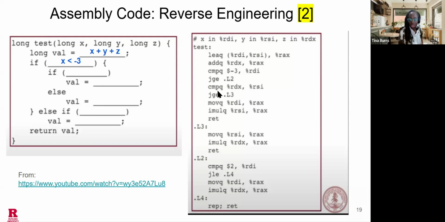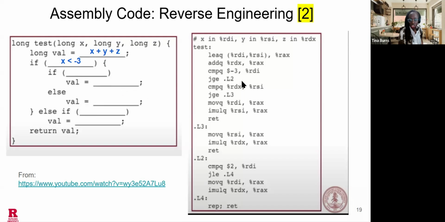If that is the case, then I am going to jump to L2, which is where I do my return. L2, I'm guessing, is where I compare RDX, which is Z, and RSI. So let's look at these two.